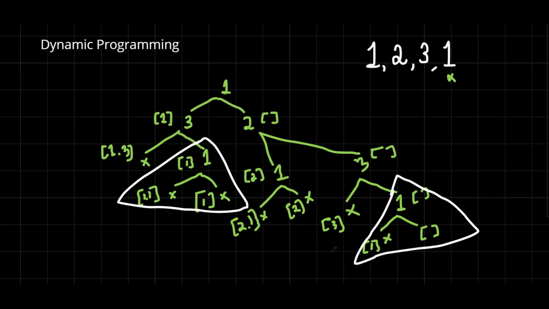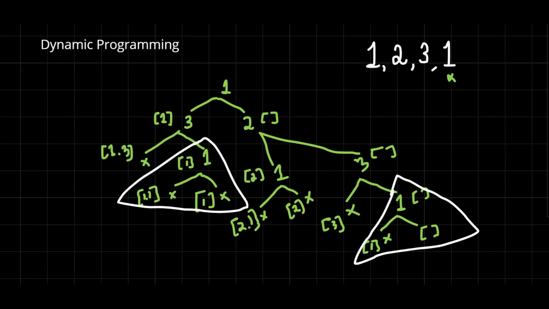So we can say that this is one of the repeating subproblems. In both of the trees, we have to explore the decision tree where the root is 1.